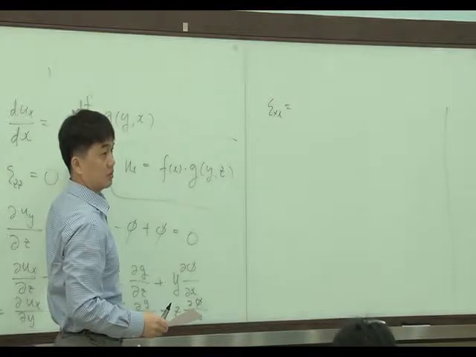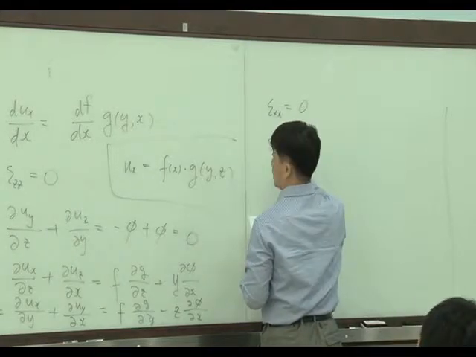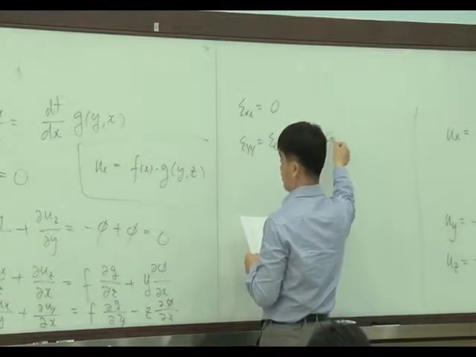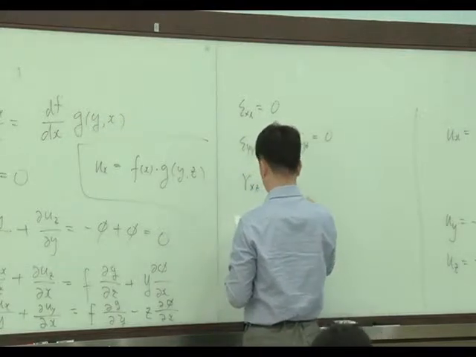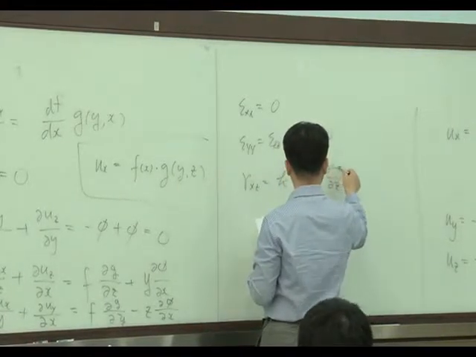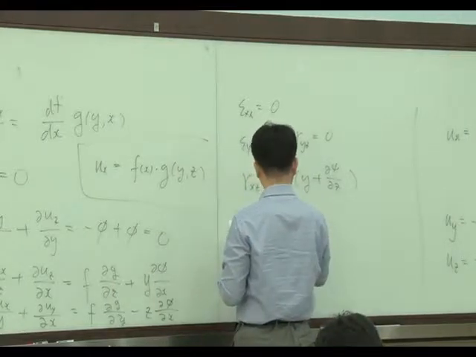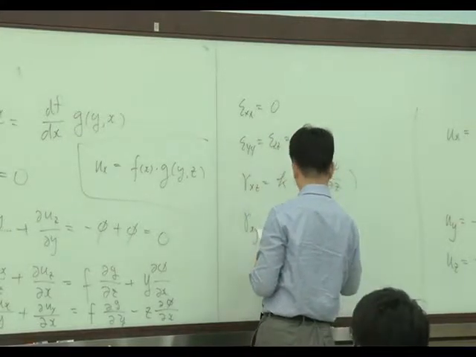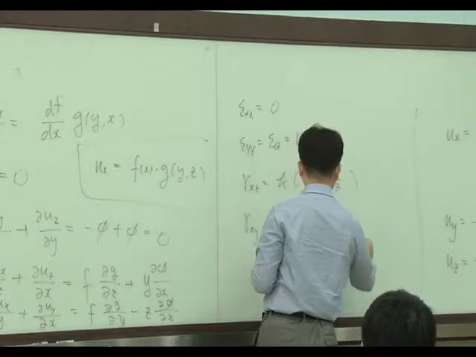Strain yy, zz, and gamma yz were already 0, and strain xz becomes k(∂ψ/∂z plus y), and strain xy becomes k(∂ψ/∂y minus z).